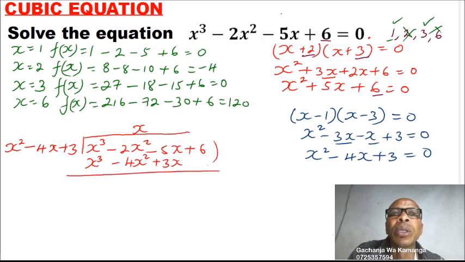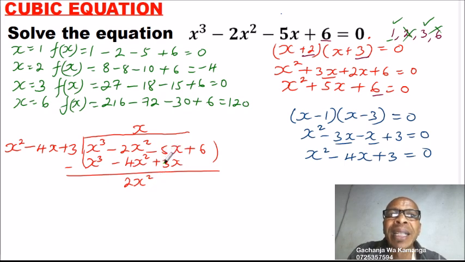So we subtract the second from the first. X cubed minus x cubed is 0. Minus 2 minus minus 4 is minus 2 plus 4, which gives us 2x squared.